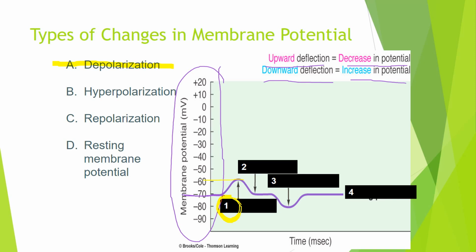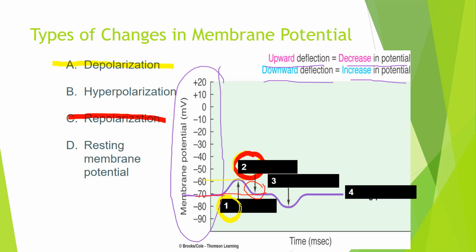Then at stage 2, right here, we have gone downwards, so we have an increase in potential, and now we're back to negative 70. So at this stage, number 2, is repolarized, because we went from a more positive to a more negative phase.